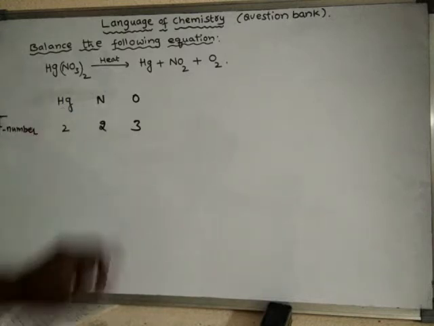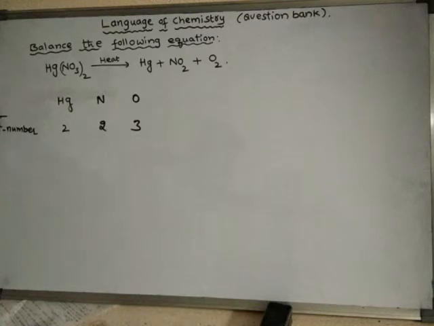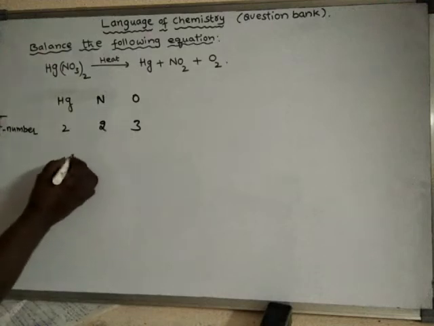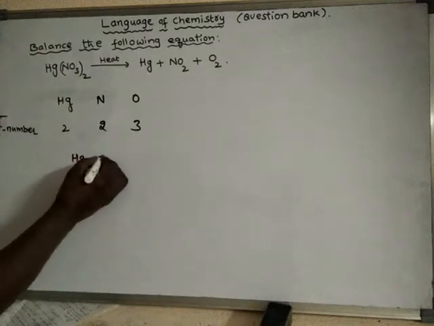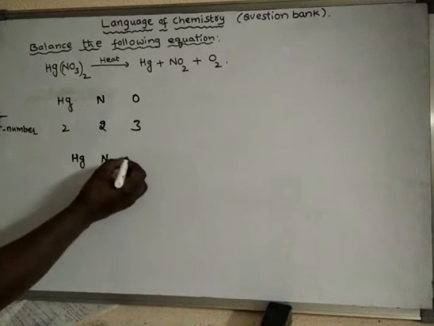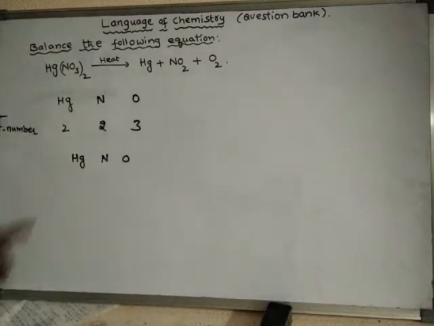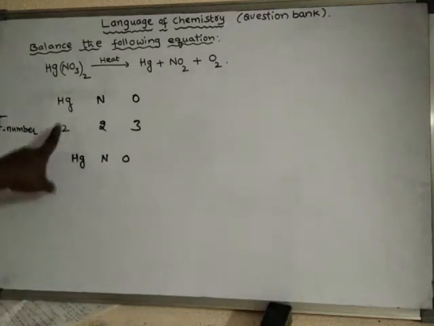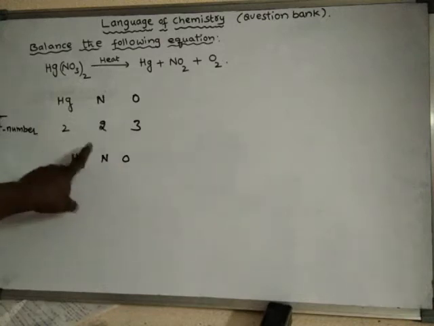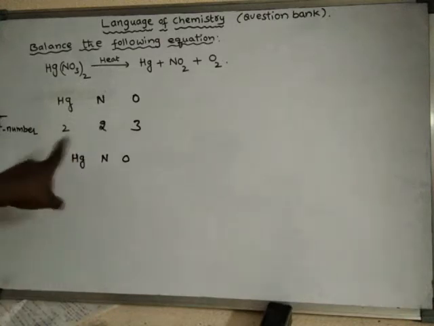If more than one element has the same frequency number, then metals should be written first, and after the metal we write the non-metal. So here mercury will come first, then nitrogen, and after that oxygen. Like this we have to arrange the elements in increasing order of frequency number. Why should we arrange?